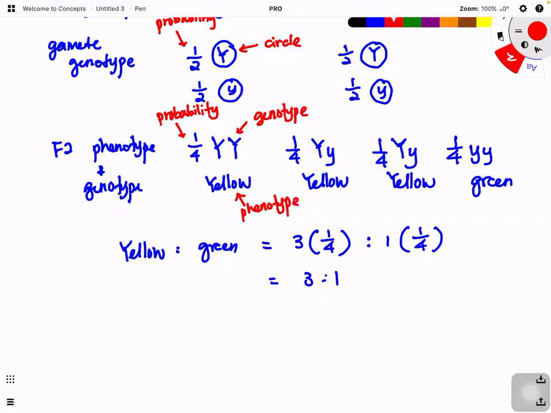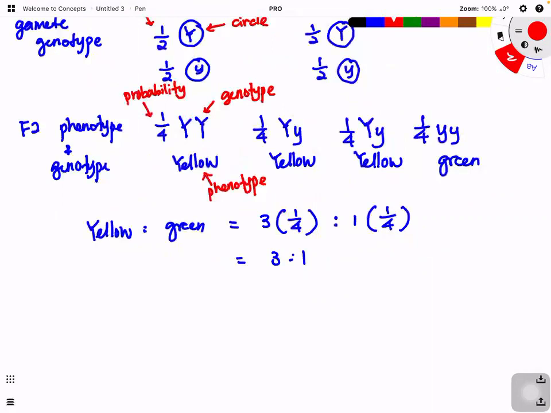And then in terms of the ratio, you have to include the probability, to show that you get this ratio based on the probability.